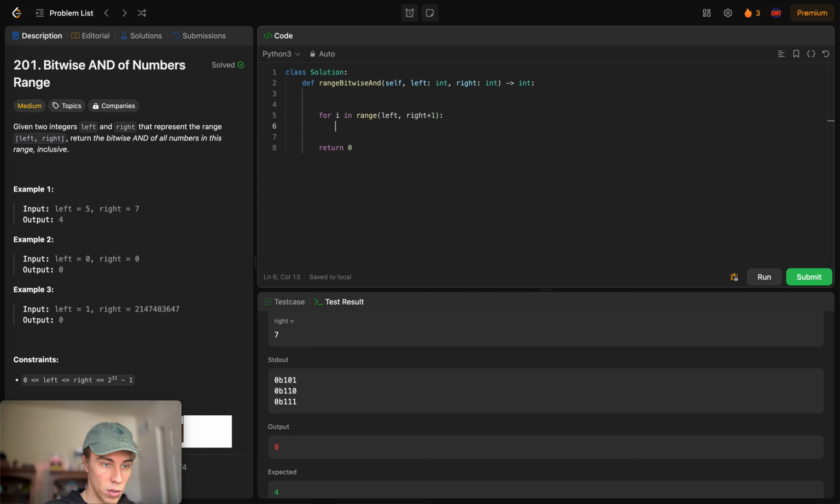For example, let's keep track of the shift, and let's say while left does not equal right, I want to print left and then do left shift 1, and then also do shift plus equals 1.